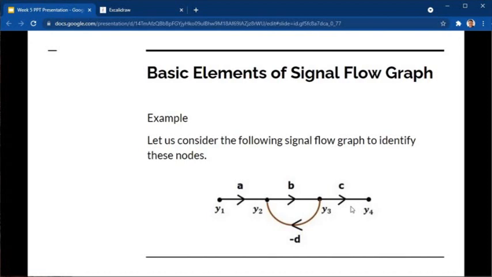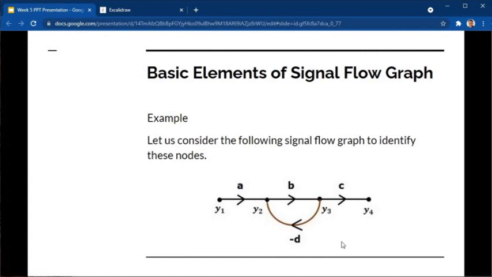For example, let us consider the following signal flow graph to identify these nodes. We will have to identify the different nodes in this graph. When we say nodes, as you can remember from your circuits, nodal analysis, KCL, KVL, we usually represent a node with a dot, and it is between elements.